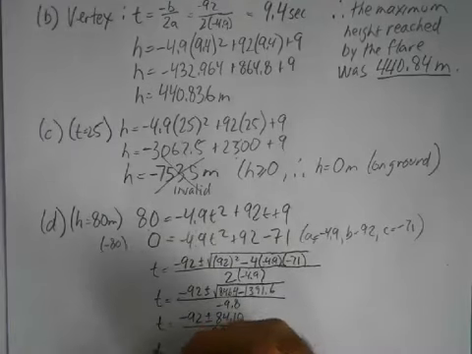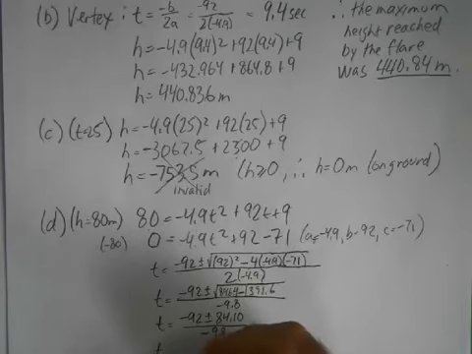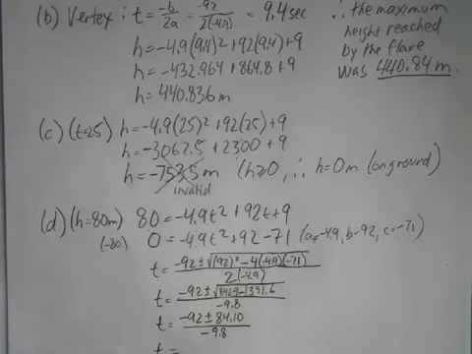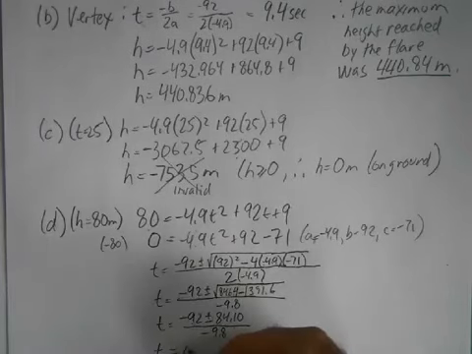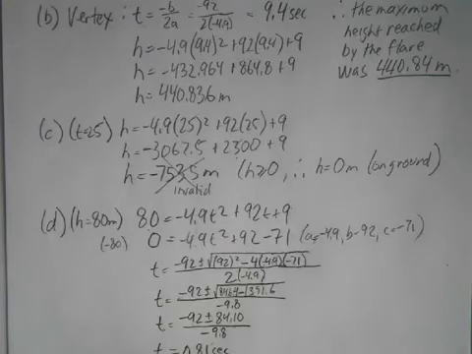Then we're going to have 2 possible answers, and I'm hoping that they're both positive. When I do the negative 92 plus 84.1, and then divide by negative 9.8, I get 0.81 seconds, and I'm going to call that T1.